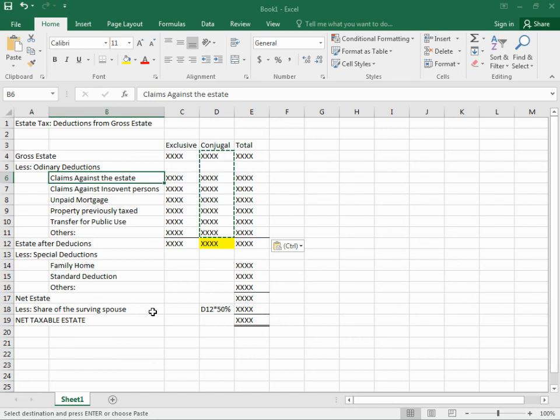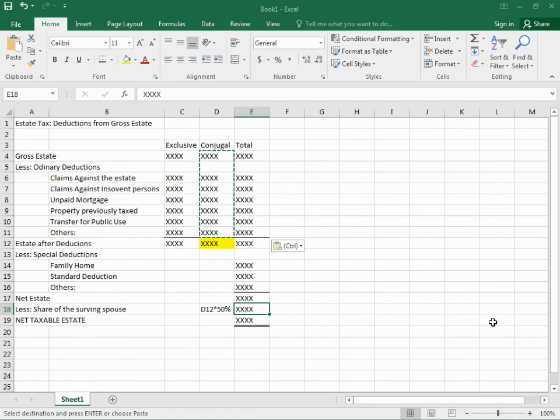Then, after that, we will have to deduct our special deductions, namely the family home, which is the fair market value of the property, or 10 million, whichever is lower. Then, the standard deduction, which is in lieu of our funeral, medical, and judicial expenses. And after that, you will now get the net estate less the share of the surviving spouse to get the net taxable estate.